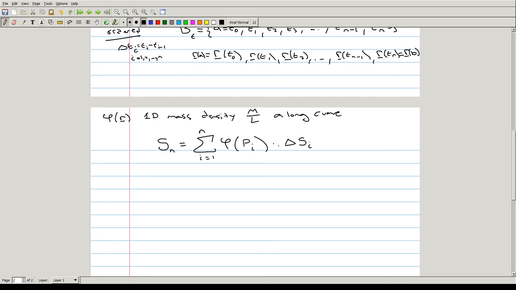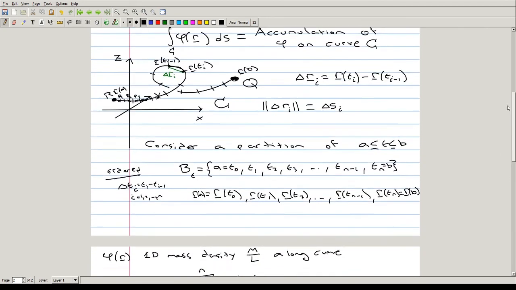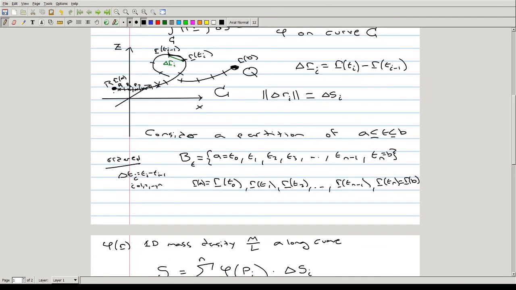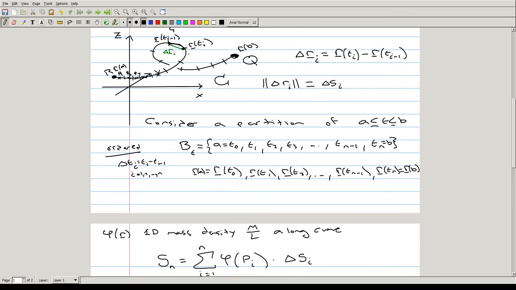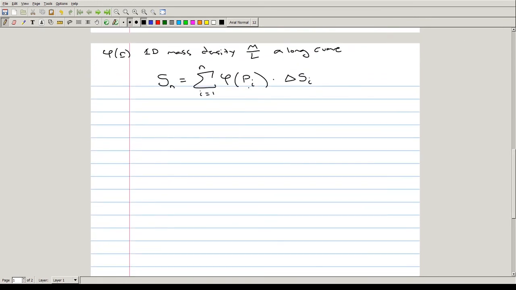Then this summation is saying that an approximation to the total mass you get by taking the mass density at each one of these partition points, or some specific sample point inside the partition, and multiplying it by an approximation to the length in each one of these subintervals. And we would expect this approximation to get better and better as the number of points in our partition gets more and more. So this is exactly a good way of thinking about this summation right here.